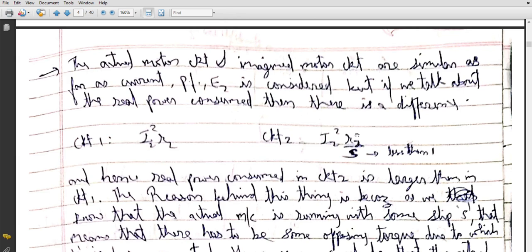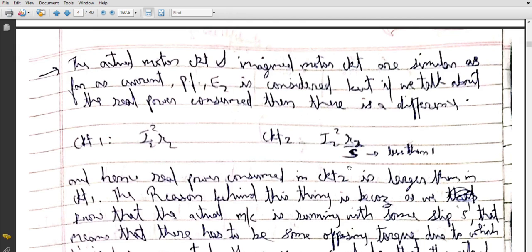Due to that friction, some speed is lost, so the rotor can never attain synchronous speed. The difference between the synchronous speed and the rotor speed is nothing but the slip. So slip basically signifies that there is some opposing torque.